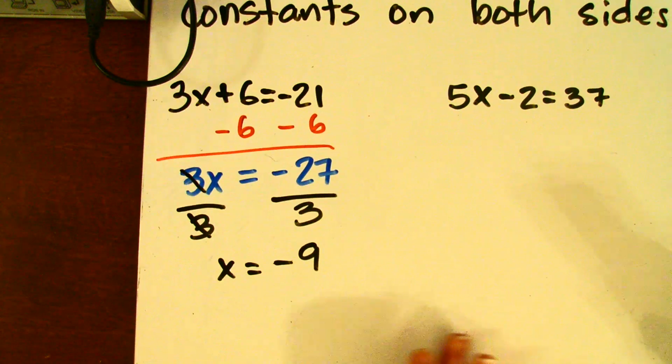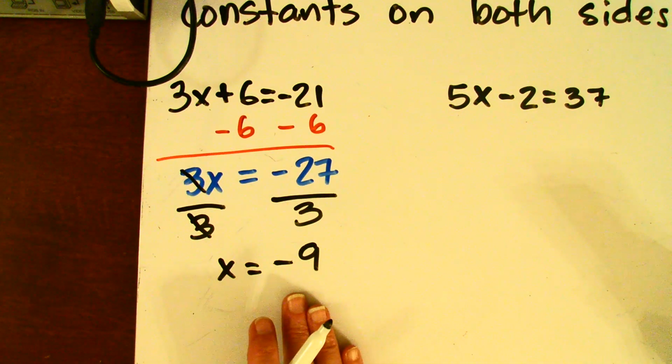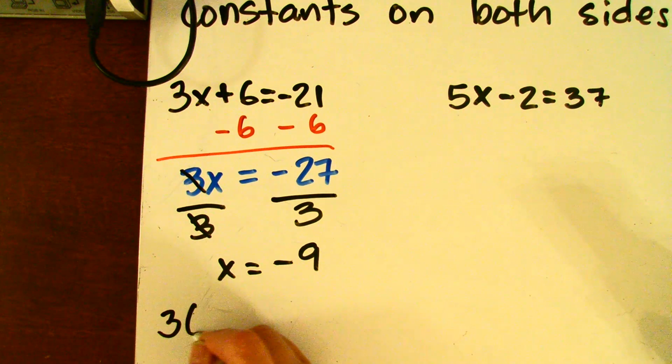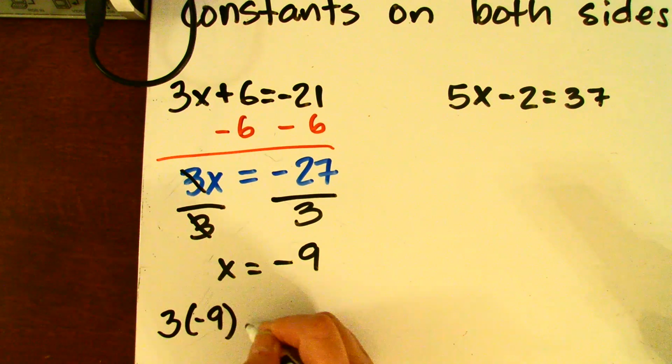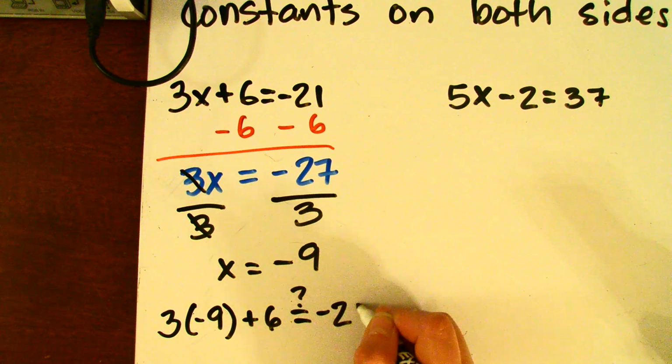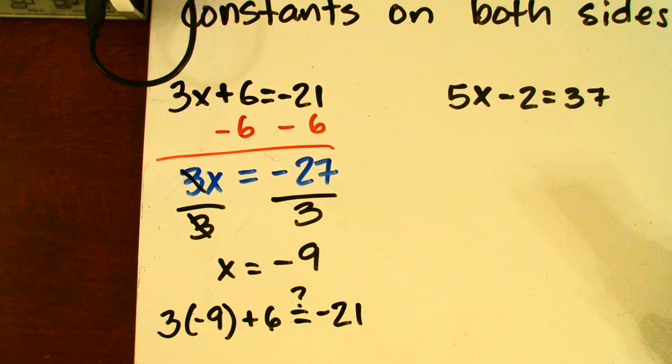To be sure that I got the right solution, I'm going to plug in my answer into the original equation. Instead of 3x, I've got 3 times negative 9 plus 6. Does this equal negative 21? 3 times negative 9 is negative 27.